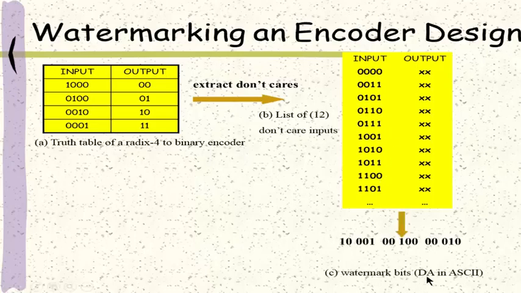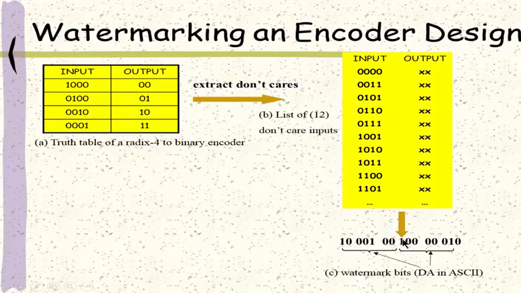DA stands for design automation in this case. The first thing we do is we represent these 2 letters as binary information. We consider their ASCII codes for D and A. And then we also add a parity bit at the end. So this gives us a 15-bit watermark.